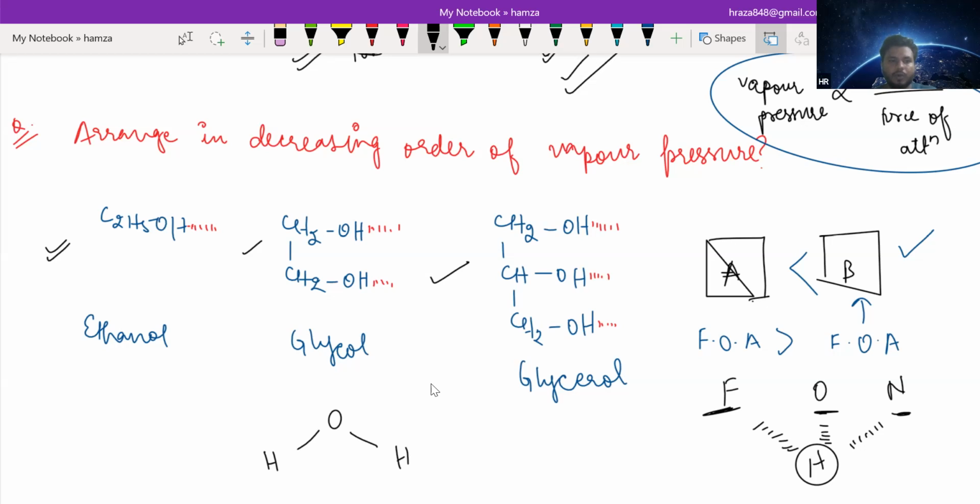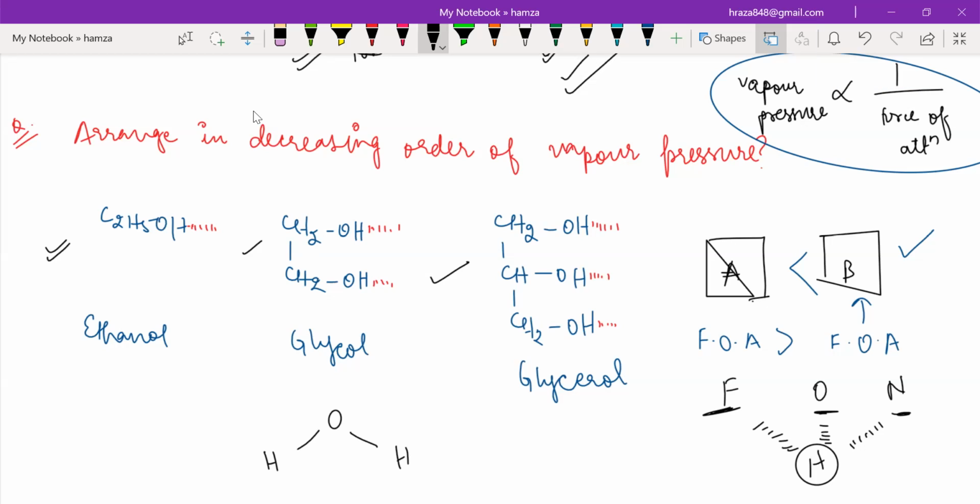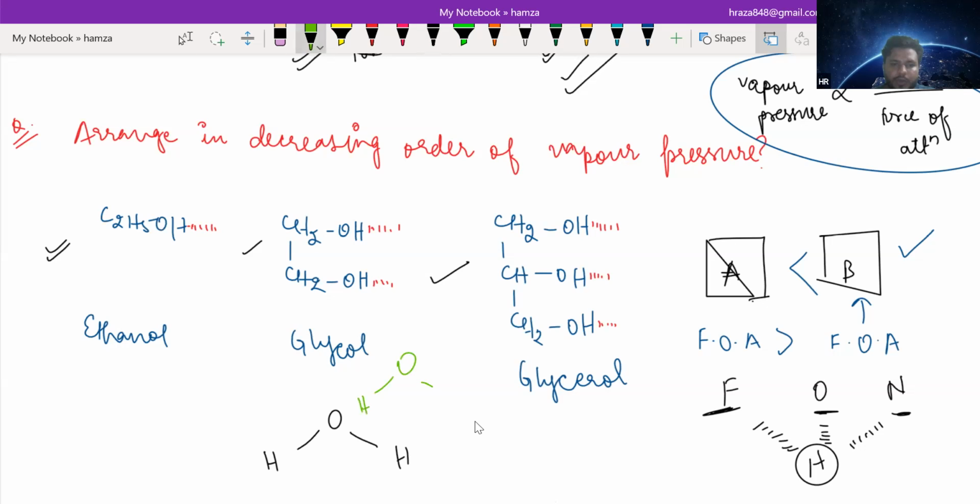If you have another molecule of water, there will be force of attraction between these. If you have another like this, there will be force of attraction like this. This is called hydrogen bonding. Are you getting my point?